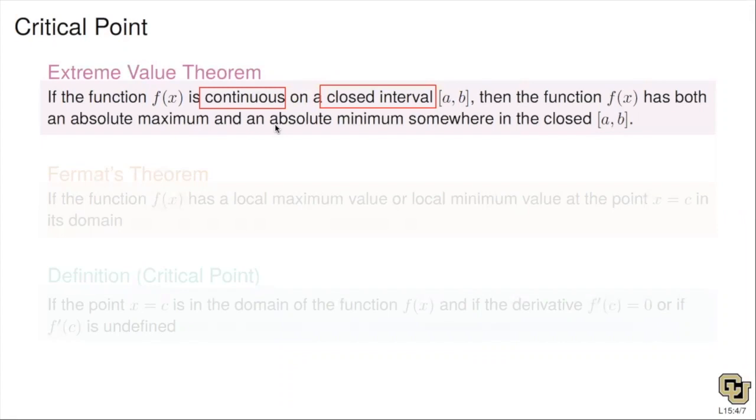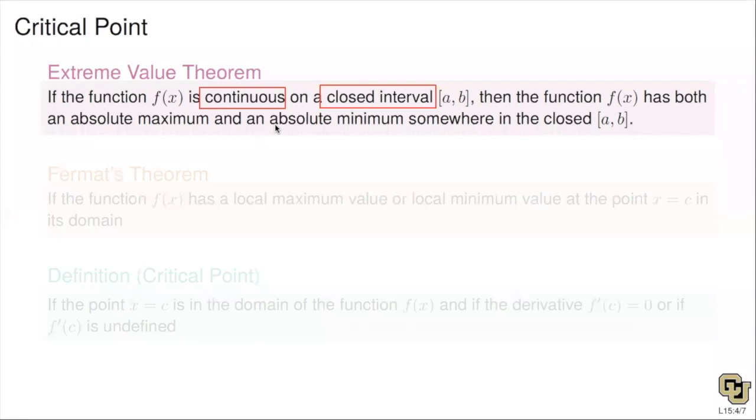So let's think this through. The continuity tells us that the function has to be defined at every point, because continuity says the limit of f of x as x approaches a equals f of a. To even be able to write down f of a, that means a is in the domain of f. That means f of a is a finite number.